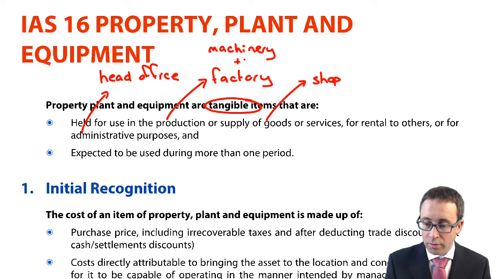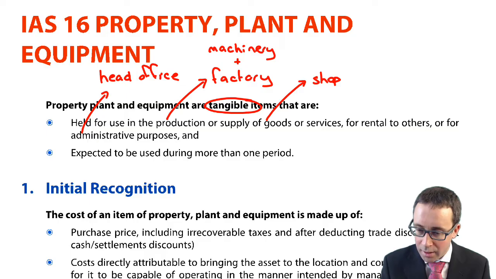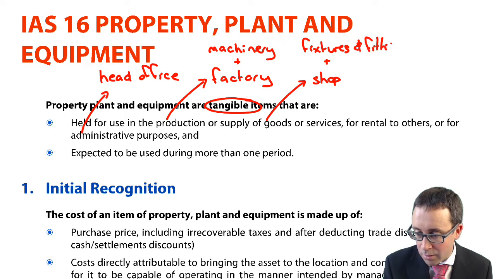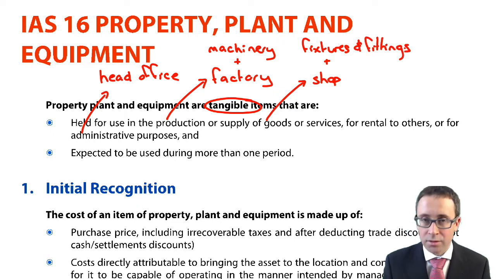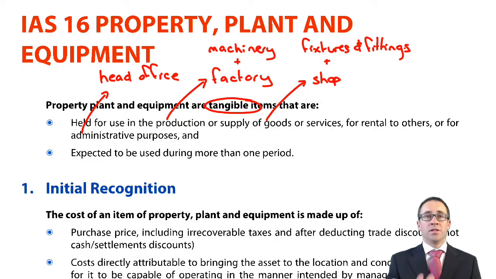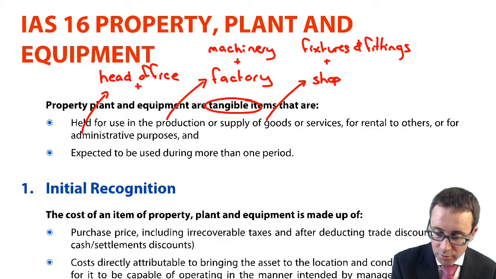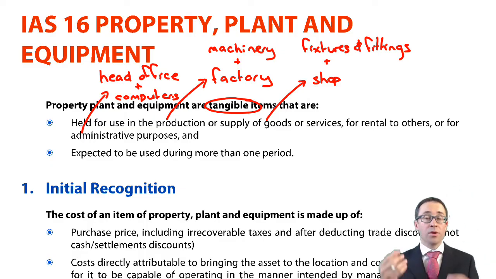In terms of what happens in your shop, you're going to have, is it your fixtures and fittings? So the shop shelves, the tills. And then in the head office, say your computers. Okay. There we go.